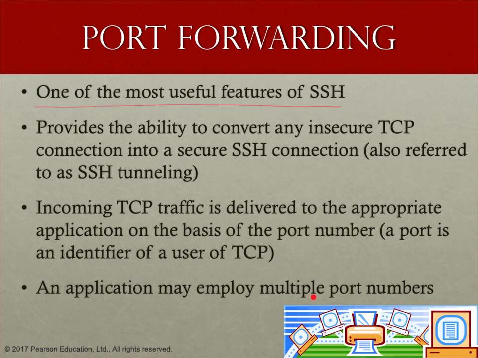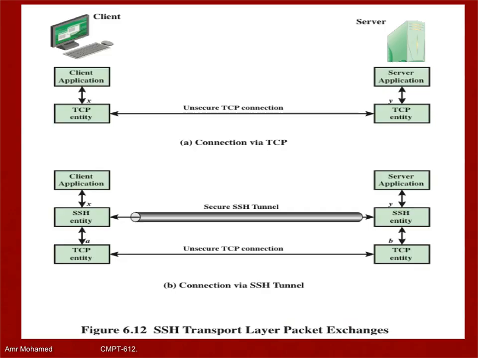Any application may employ multiple port numbers. So this is how we do this. The normal TCP connection uses a local port and a remote port. Right? So this is the local port and the remote port.